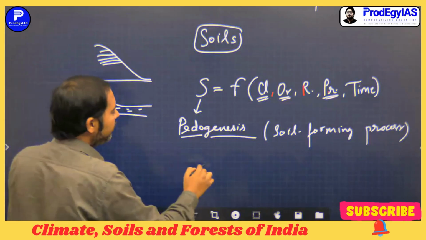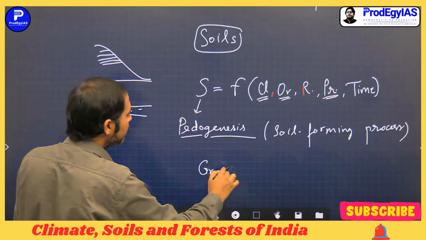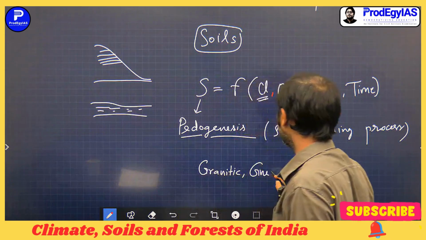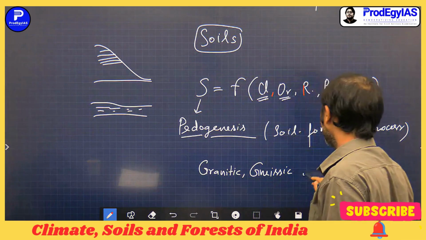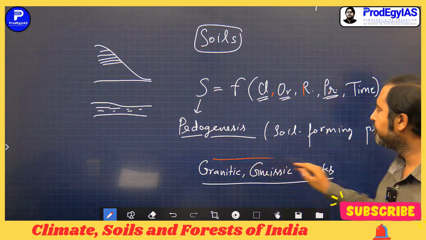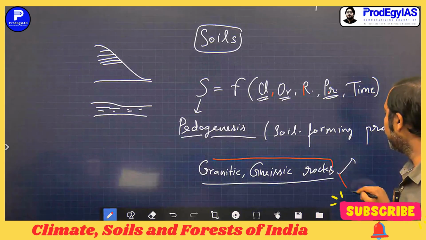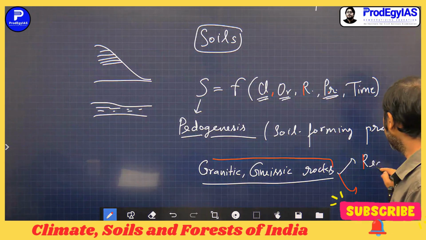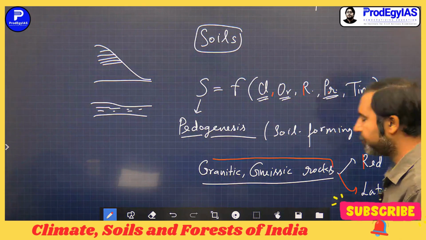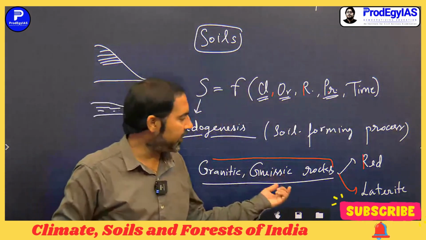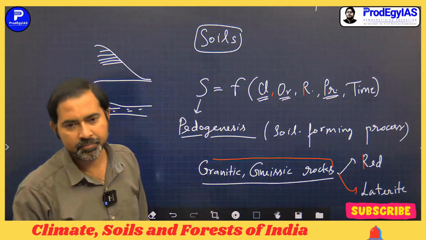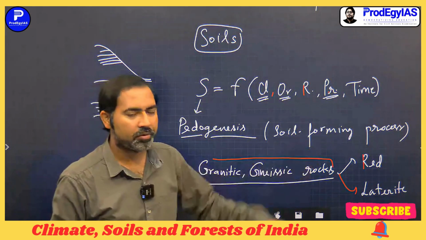You know that there are granitic and gneissic rocks. There develop mainly two types of soils, red or laterite. This particular rock type is developing a particular type of soil in India, granitic and gneissic rocks.